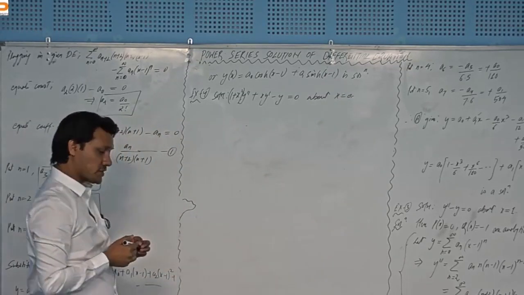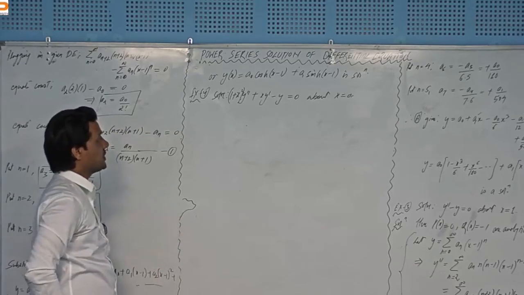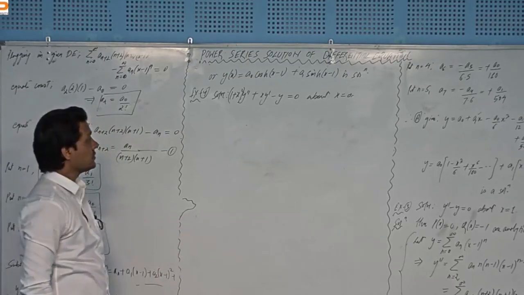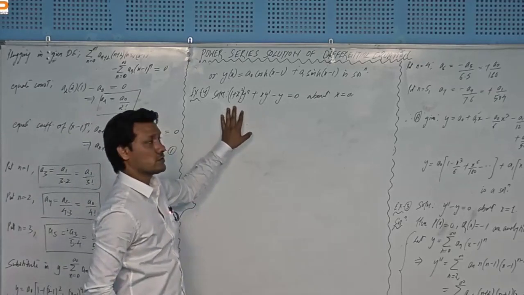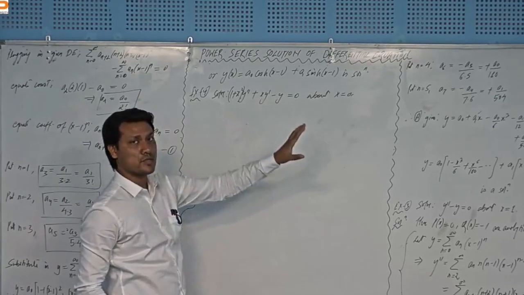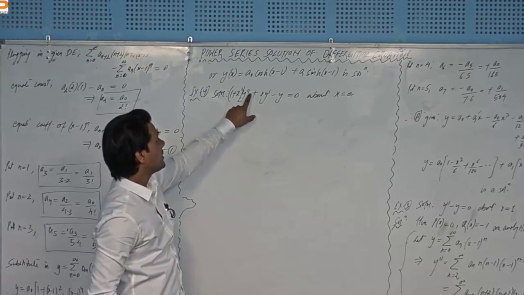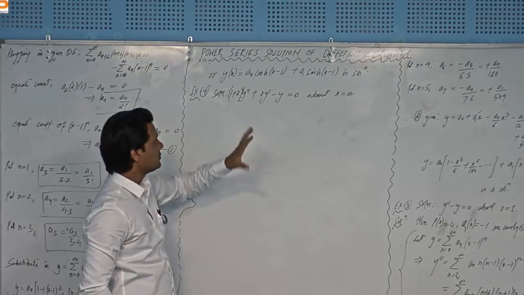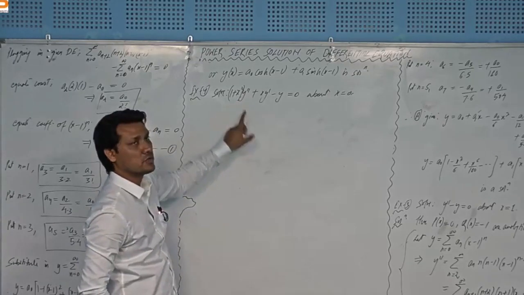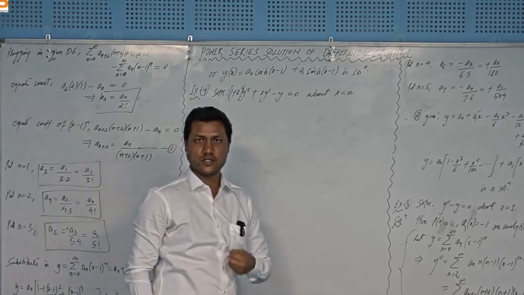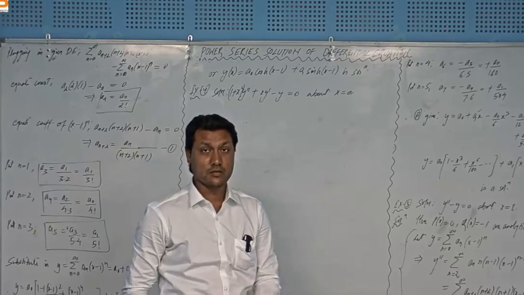Now you can see that in this example, your p(x) and q(x) should first be obtained by dividing this whole equation by 1 plus x square. So far in all the examples, the coefficient of y double dash was 1, and you should retain that fact. The coefficient of y double dash should be strictly 1, because your standard equation is y double dash plus p(x) y dash plus q(x) y equal to 0.